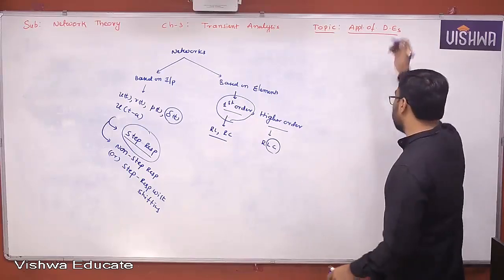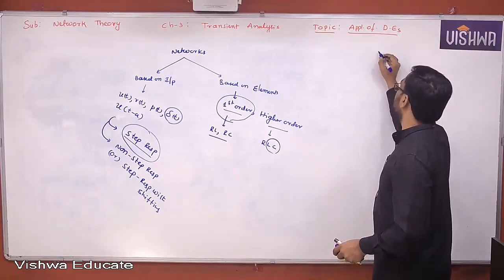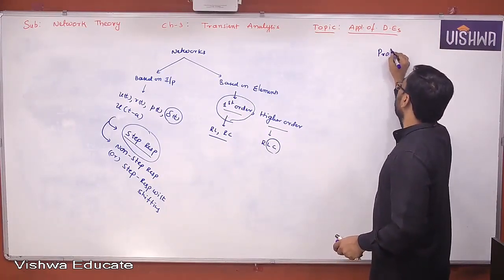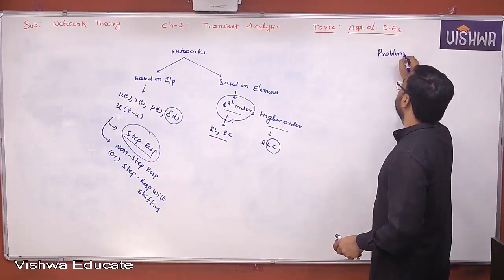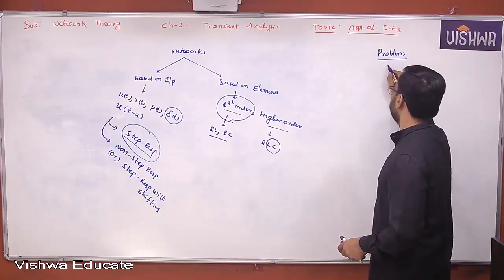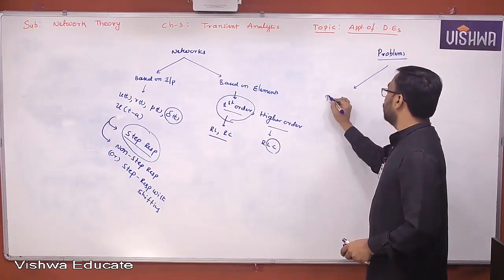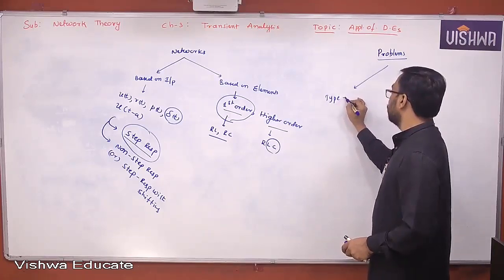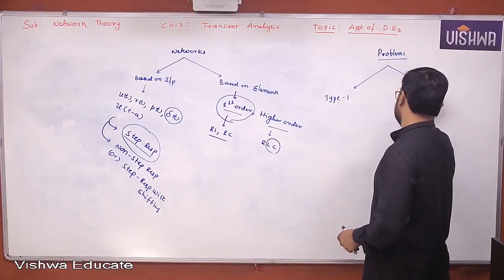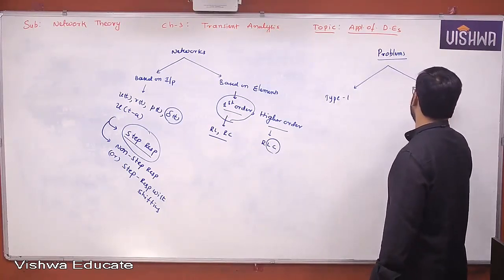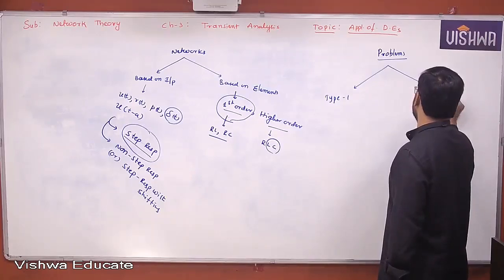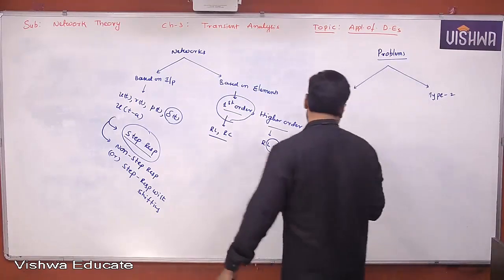So there are two types of problems. The problems are of two types. The first type of problem, type 1, and type 2. What is type 1? First tell me all of you.